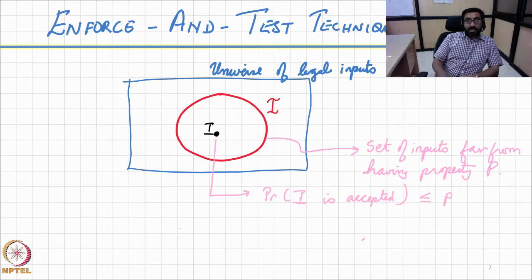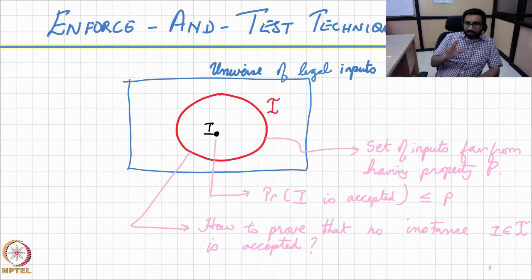So when we get an instance from this set I, we must reject that instance with a certain amount of probability, or in other words, we must only accept it with some small probability that's at most some p. Okay, and then let's say we do manage to do that.